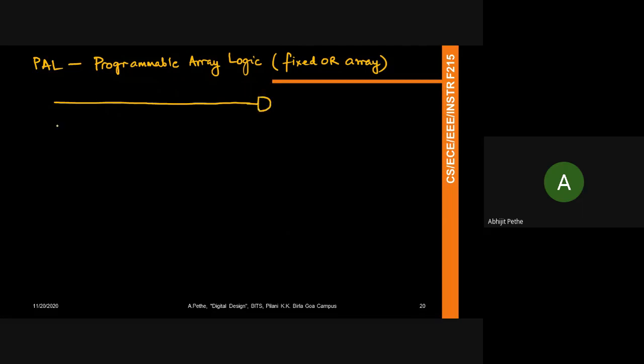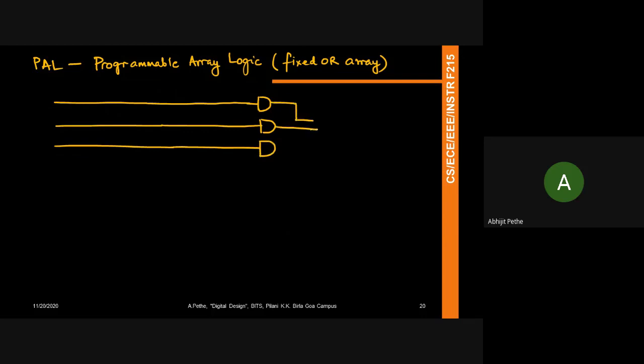So if you buy a specific PAL, it can look something like this. What this means is that this can implement a function which has 3 product terms or less, right? I cannot implement any function in this PAL which has more than 3 product terms.